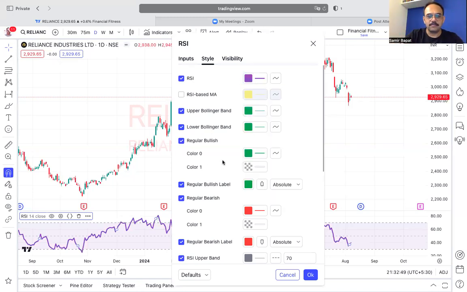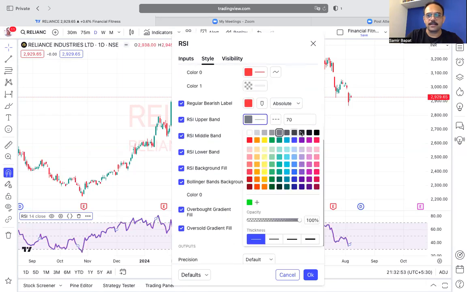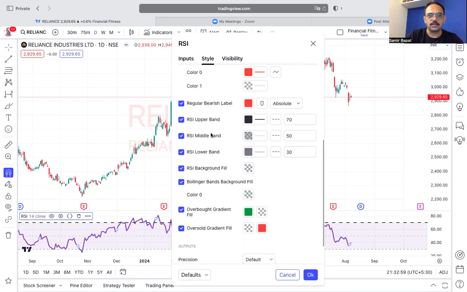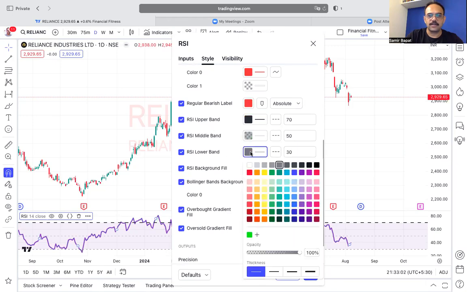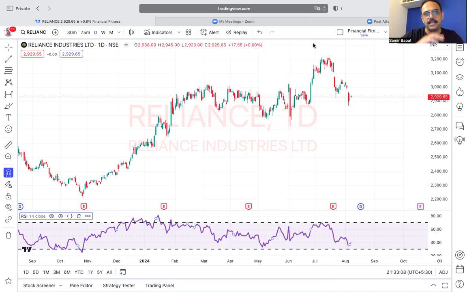And I'll make the upper band and lower band also a little bit darker. Middle band is not required as of now. Lower band, I made it dark. So this is the RSI I have placed.